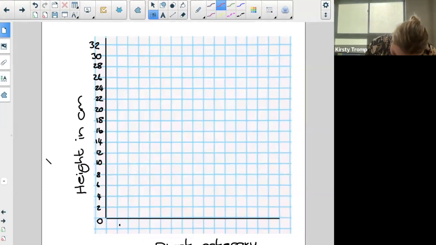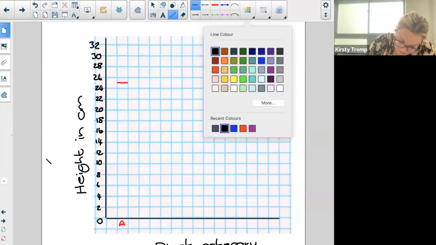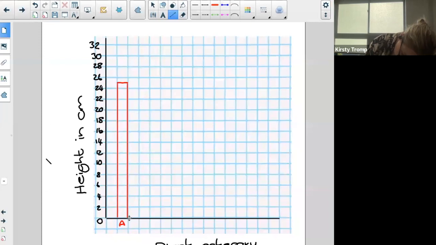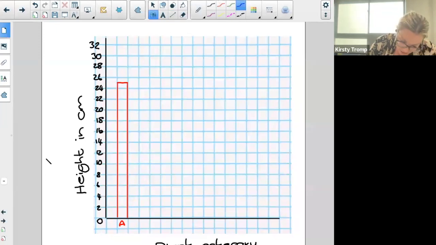I'm going to draw in a different color for you. So here's plant A. He's going to go from 0 all the way to, I'd say, 25, which is between 24 and 26. I would take my ruler and draw down to where I've got A. If you really want to, you can color it in depending on what your teacher has asked you to do.